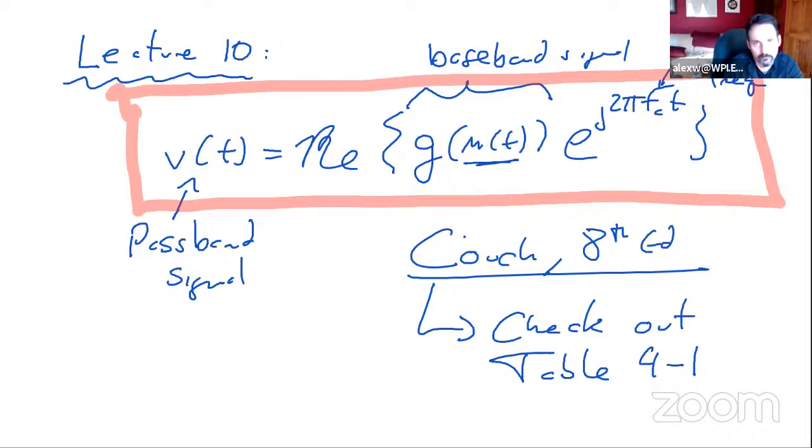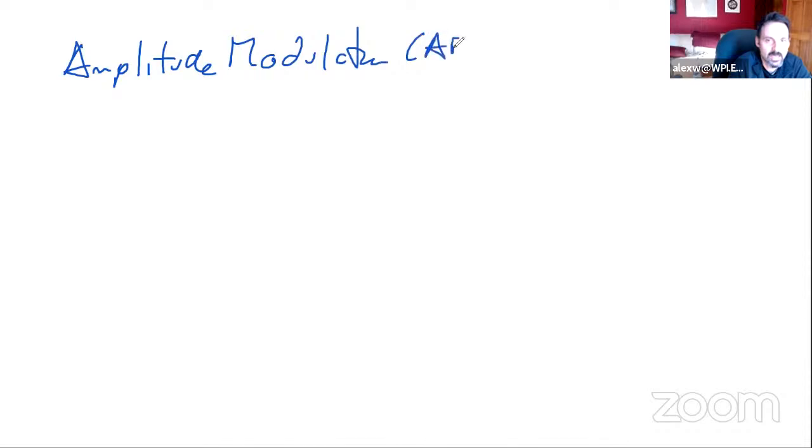A couple of modulation schemes I'm going to give a quick introduction to, because you're going to need to know, based on this, how to recover them in this lecture, Lecture 11. There's something called amplitude modulation, otherwise referred to as AM.